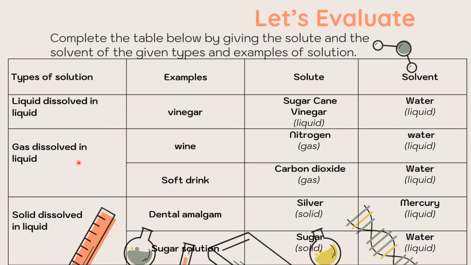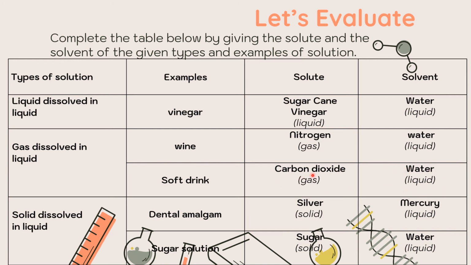And then gas dissolved in liquid. We have here the components of wine, and then the gas in our wine is nitrogen, and then the liquid is water. How about for soft drinks? We have here carbon dioxide, whose state of matter is gas, and then the solvent that we have is water.